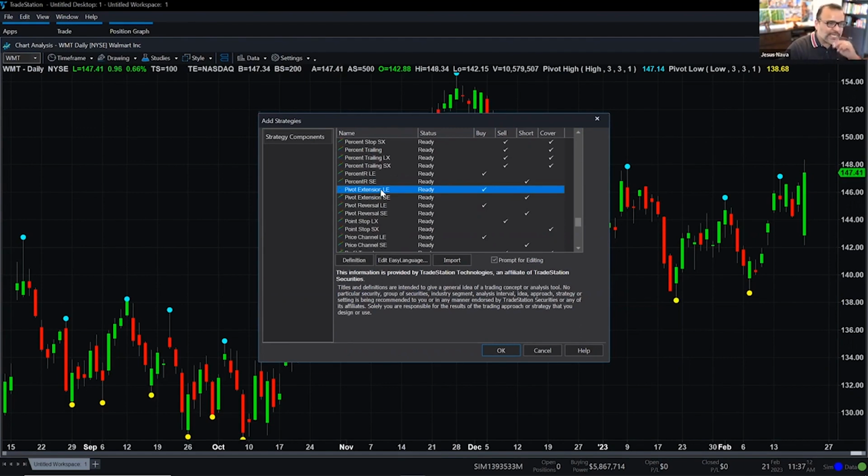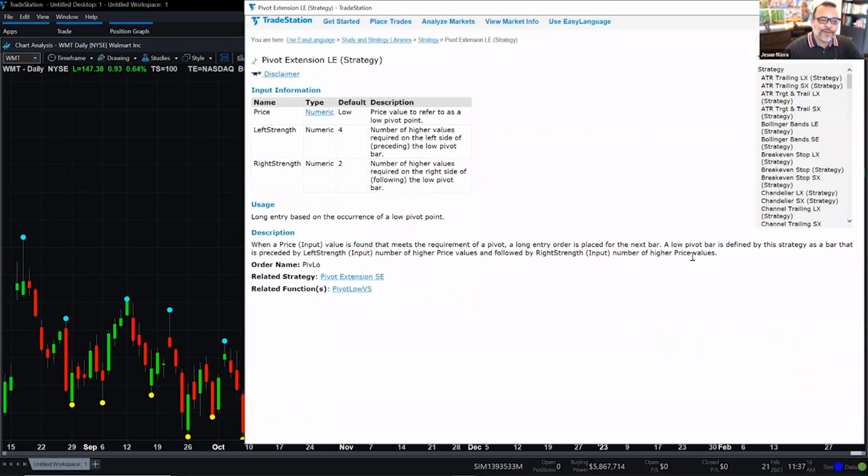So don't hesitate to highlight any of these and go to definition to just refresh your memory. Sometimes I have to do it myself. I look at so many different indicators and so much different technology inside of TradeStation that I have to go back into the documentation to just be sure that that's exactly what it's looking for.